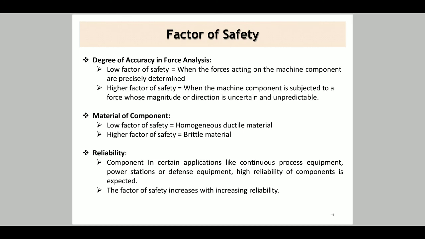Components in certain applications like continuous process equipment, power stations, defense equipment, where a high reliability of component is expected, the factor of safety increases with increasing reliability. Means for high reliability, the factor of safety will be higher.